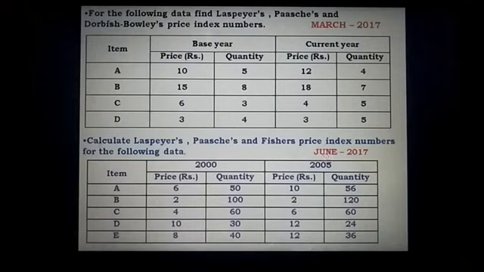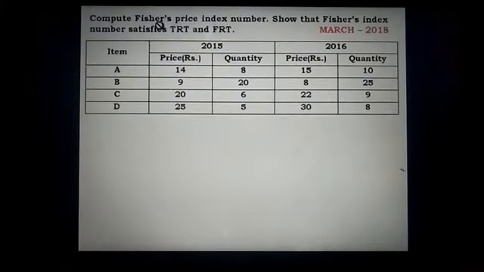In March 2018, which question was asked? Let us see: compute Fisher's price index number, and show that Fisher's index number satisfies TRT and FRT. As question number 38, a fixed 10 mark question you will be getting every year. In March 2018, it is asked to calculate Fisher's index number and show it satisfies TRT and FRT.